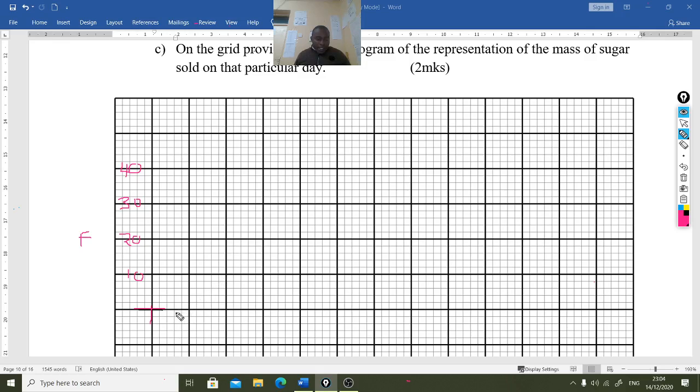And on the x-axis I now use upper limits. Remember, we started with 0.45, the lower limit of the first class, so I start with 0.45 here.